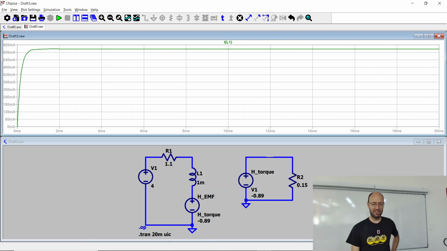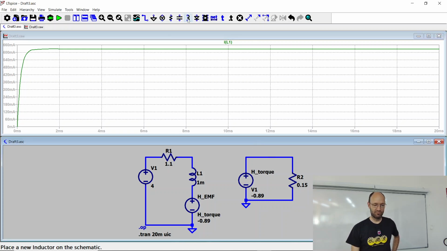We need to have another inductance here. And so let's place some inductance here. So once again, if I just take the usual thing, current should point out downwards. If I rotate once, current should point to the left, to the top, to the right, and place it here.